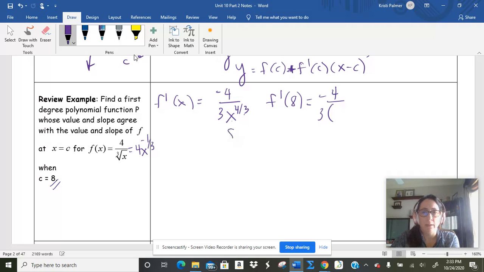I'm plugging in the 8. 4/3, sorry, I just had a momentary lapse. Okay, so that would be 2 to the 4th, so 16, and then reduce that.